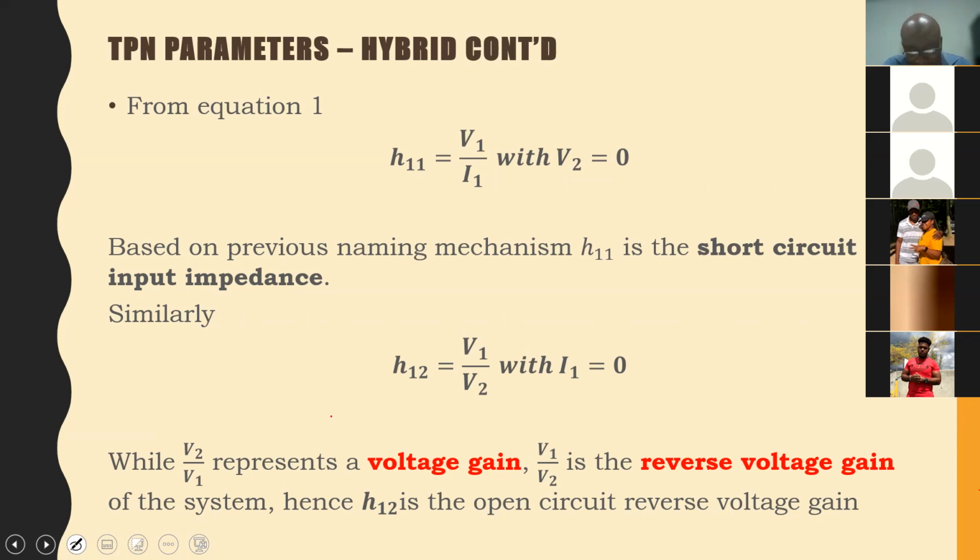We gave the explanation why we call H12 the reverse voltage gain. Now you have H21. Okay, so maybe this is just the current gain. Is there such a thing?